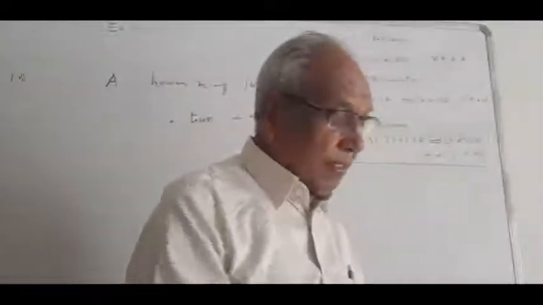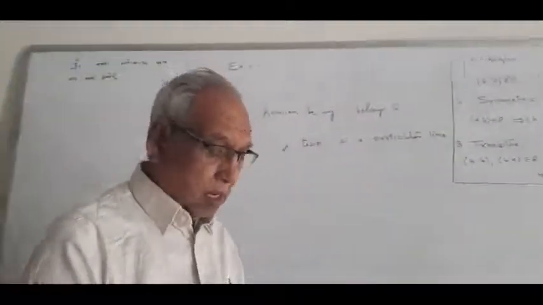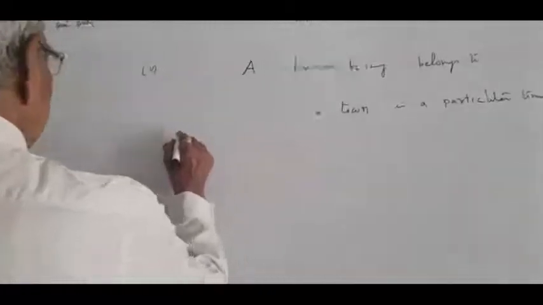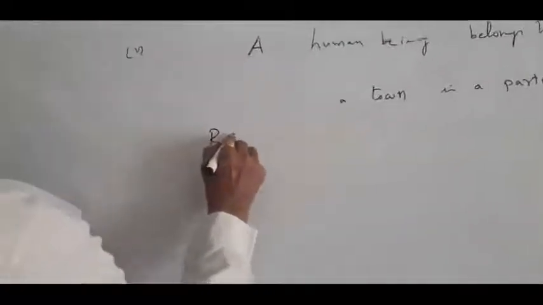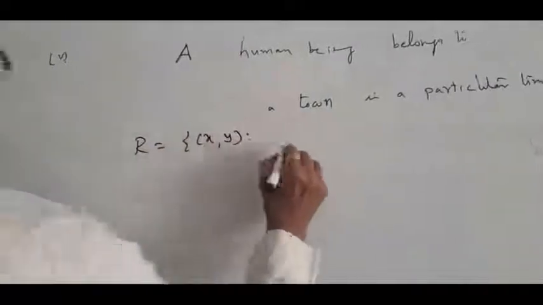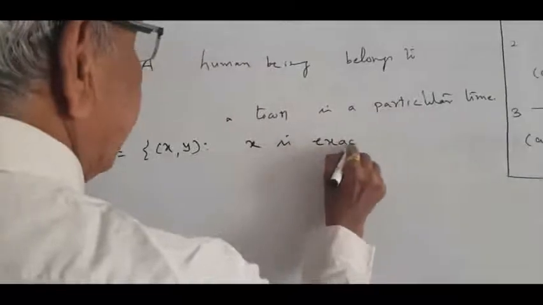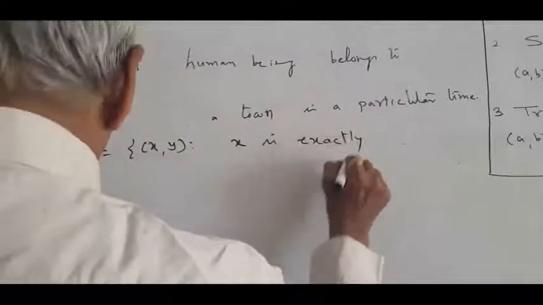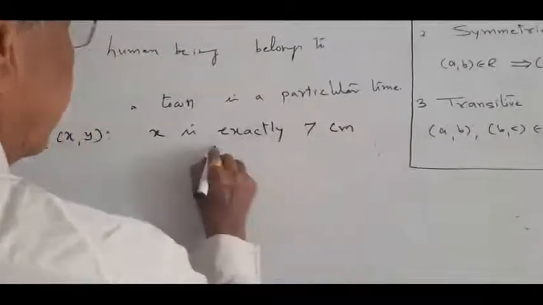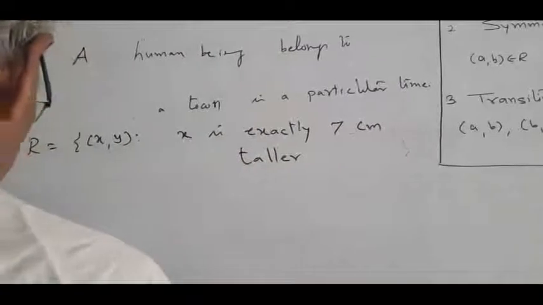Then next, R is equal to {(x, y), where x is exactly 7 centimeters taller than y}.